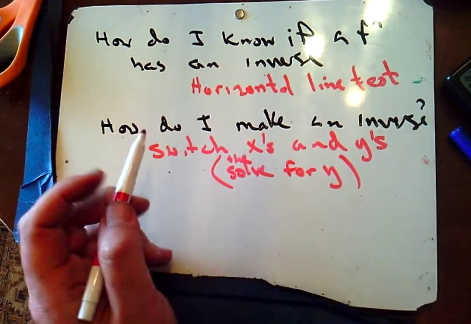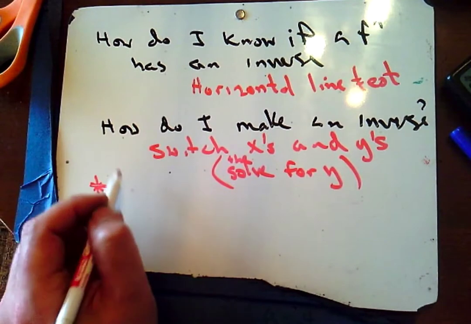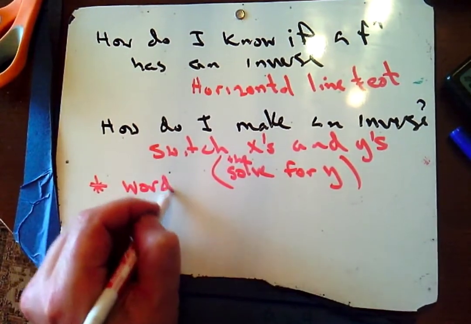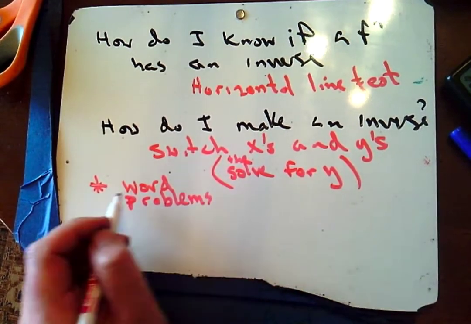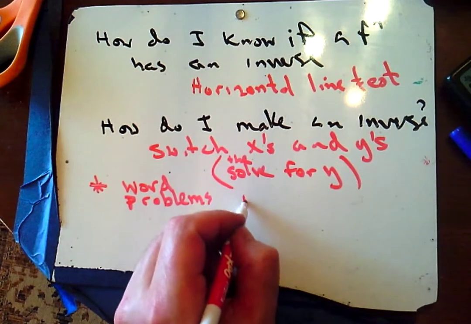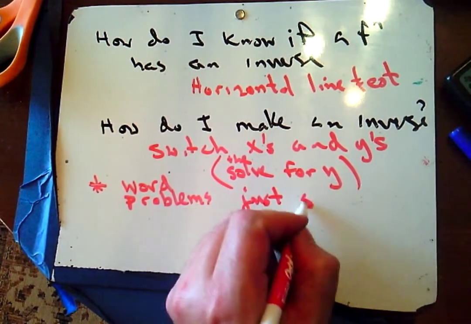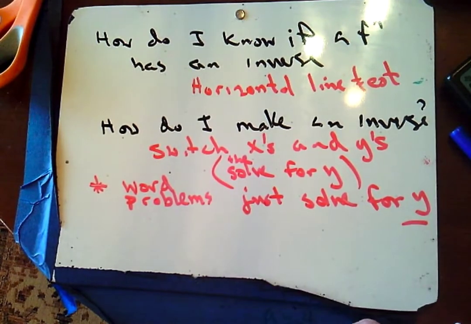The only time I don't switch x's and y's, put a little asterisk here, is word problems. We talked about this in pre-cal last year. In word problems, I don't switch the x's and y's and solve for y. Just solve for y. Okay?